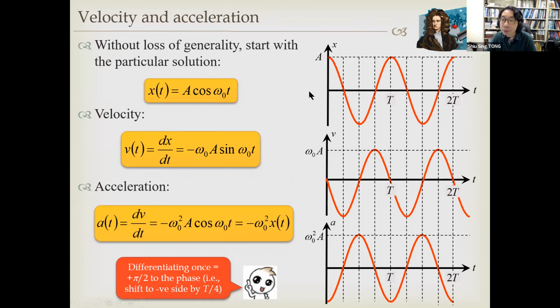You have the amplitude, you multiply 1 omega naught, you get the maximum velocity. You multiply 2 omega naught, you get the maximum value for the acceleration. And for any sine or cosine function, you differentiate, you shift the whole thing by a quarter of a period. You differentiate again, you shift again by a quarter of a period. Okay, so it's quite easy to remember.